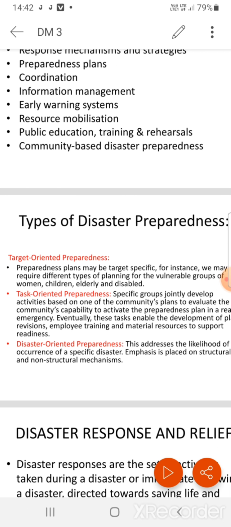These preparedness are made in groups of people, and the community's plans are given. Eventually, these tasks enable the development of plan revisions, employee training, and material resources to support readiness. So, certain areas of the community people are targeted for different types of tasks, and they are given a kind of training, and they are made prepared to act in a particular situation.